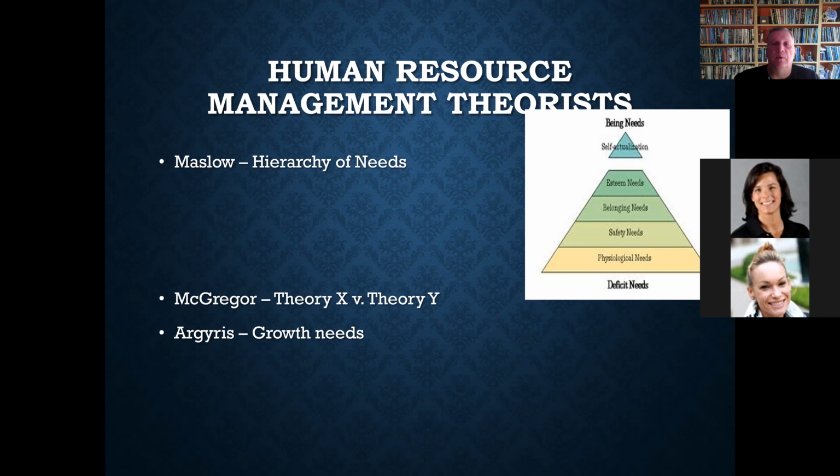You're always going to be spurred on to grow and to become better as a person and more fulfilled as a person. So with self-actualization, that growth need, you're always going to be motivated by self-actualization, even if you have fulfilled all the other deficiency needs below it. Well, so what? My favorite question, so what?